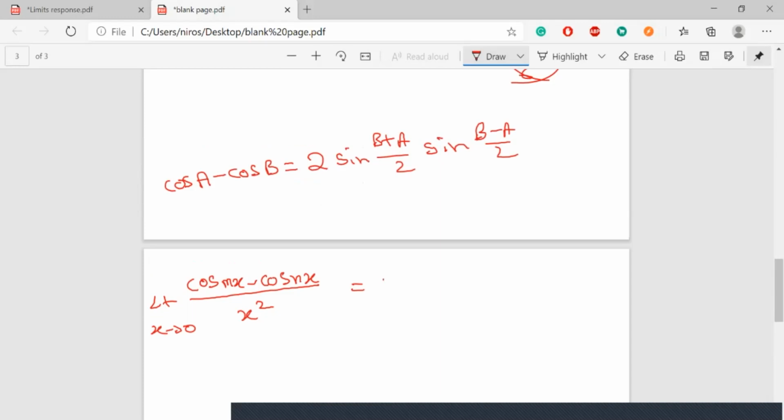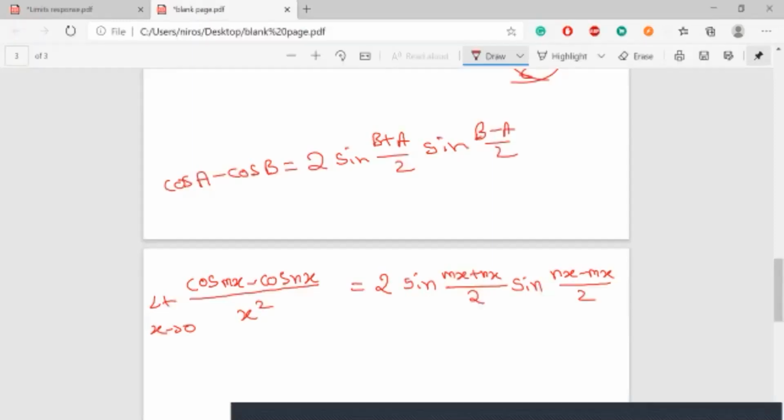Now we will do the same thing. So 2 sine of (B plus A) by 2, that is (nx plus mx) by 2, into 2 sine of (nx minus mx) by 2, correct? Divided by x square.